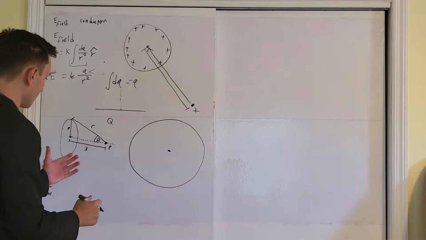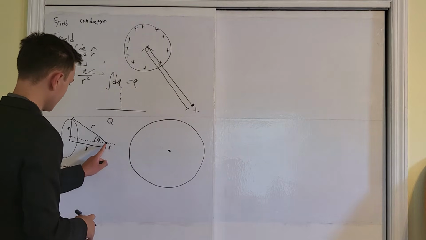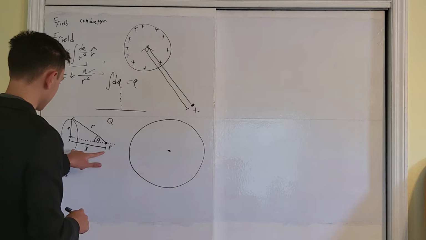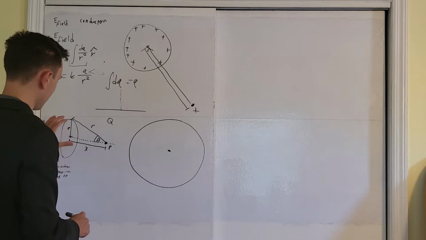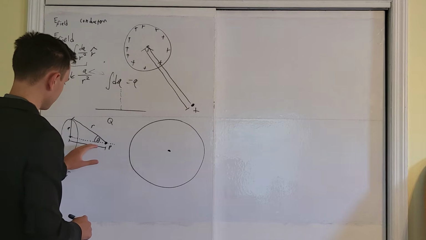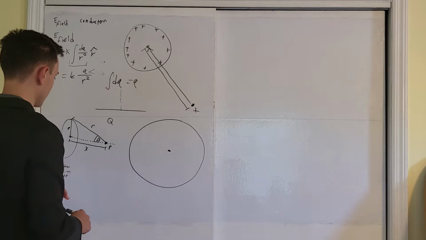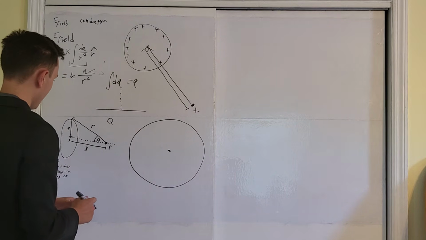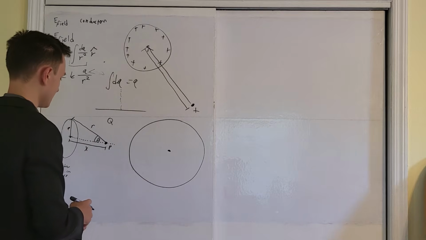So here's going to be our setup for the problem. We have our single point in space P here, at some distance x away from the center of the circle, and the point P is on the same axis as the center of the circle. The circle has some radius a, and therefore if we draw the right triangle here, the distance between our point P and the edge of the ring is going to be r.